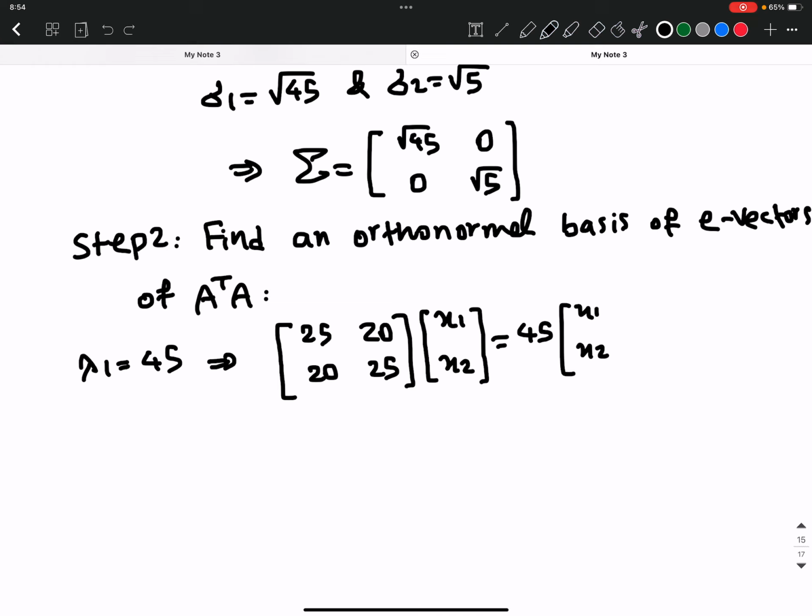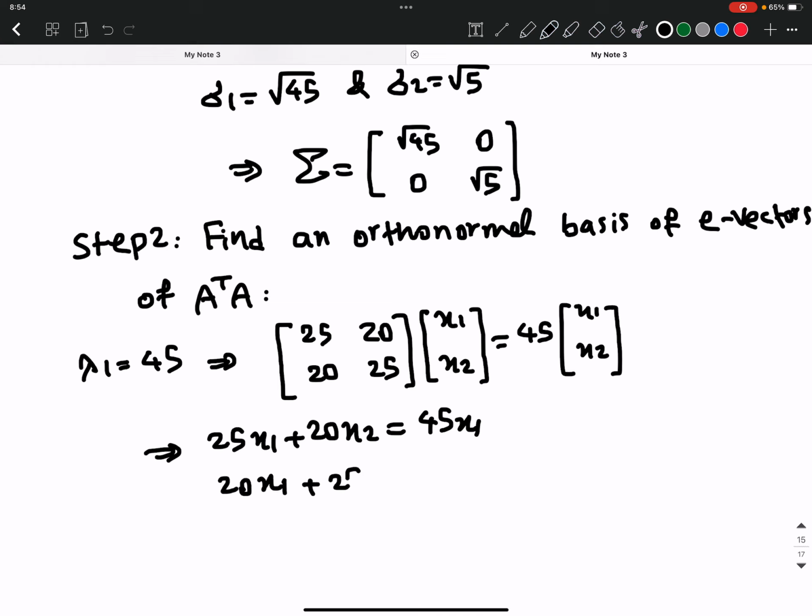Okay, so this gives me this matrix. Now I solve these two equations. I will get 25 x1 plus 20 x2 equals 45 x1. The second equation is 20 x1 plus 25 x2 equals 45 x2.